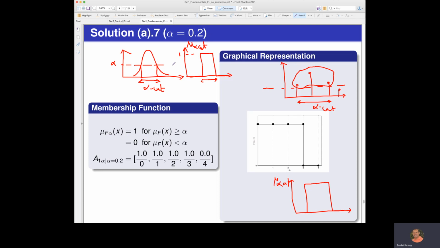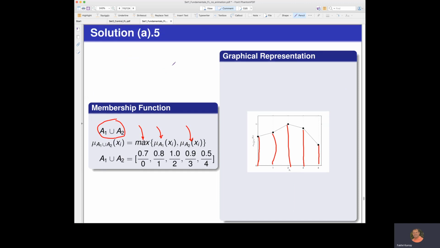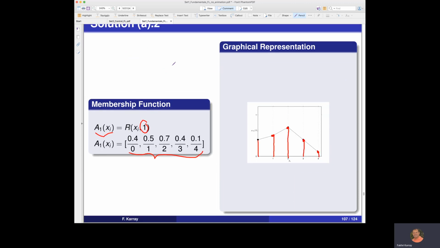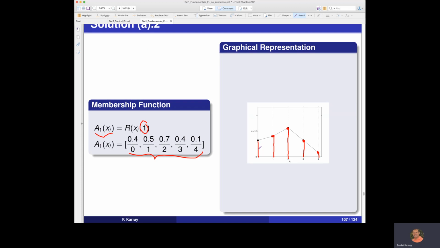So let's look at A1. What is the value of A1? Let's go back to A1 and see the representation of A1. Look at the 0.2 here. 0.2 occurs around this particular area.